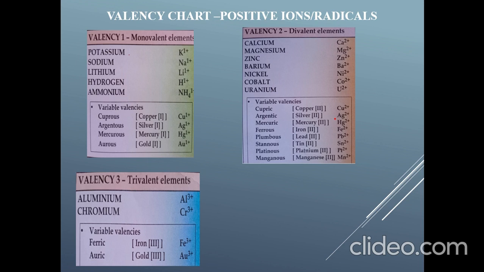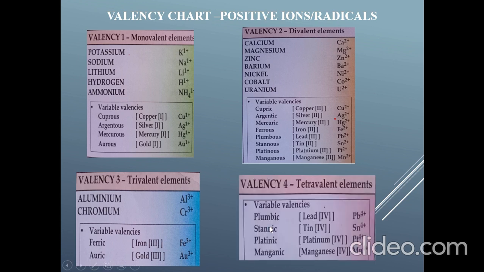Now trivalent means the valency is 3. For example, aluminium and chromium, both of them have valency 3. So they are trivalent in nature. While ferric Fe3+, auric Au3+, they are also having valency 3.